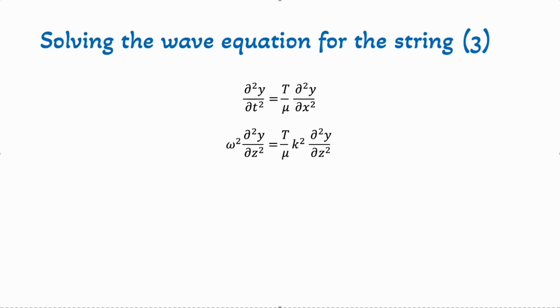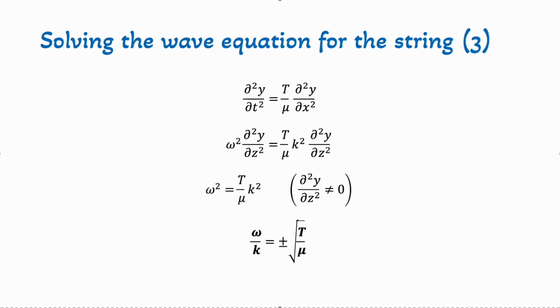So, fine, the string is in equilibrium. That's one possible solution. If we say, well, what happens when the string is not in equilibrium, then we can divide both sides by d2y/dz squared. What we get then is omega squared is T over mu k squared, which means that the ratio of omega over k must be plus or minus the square root of T over mu. This plus or minus that we get when we square root is going to be important.